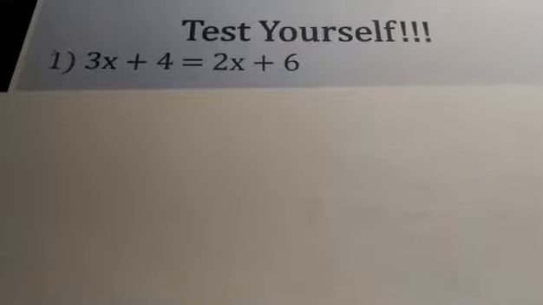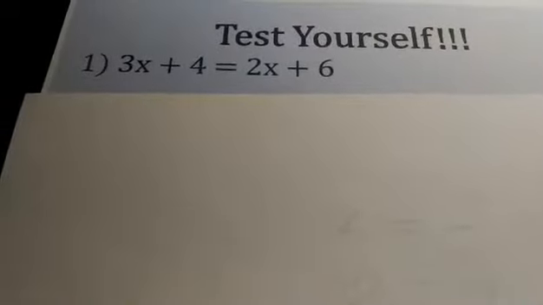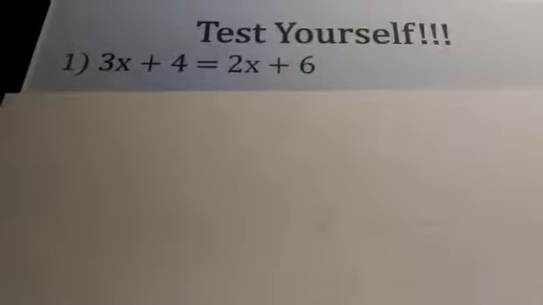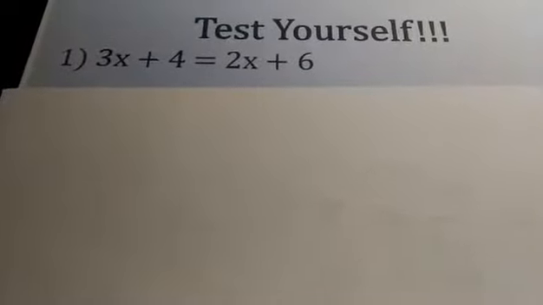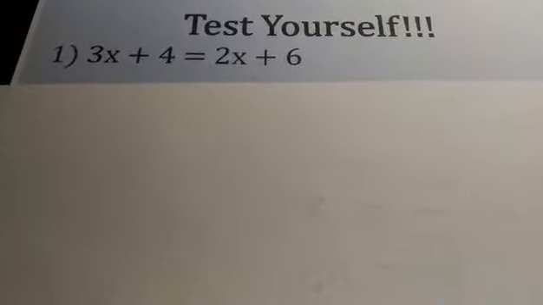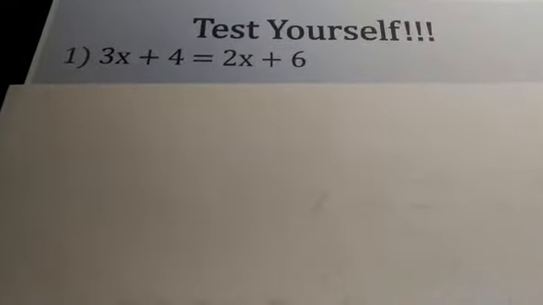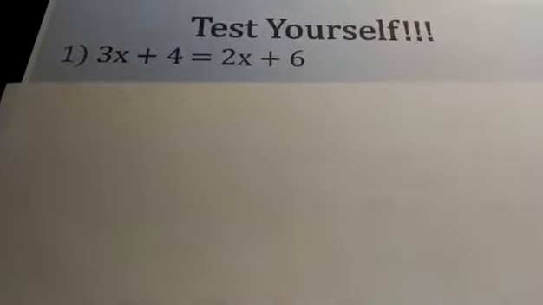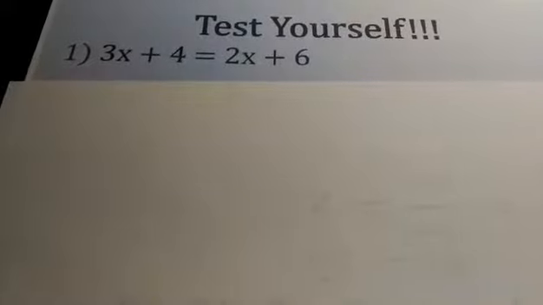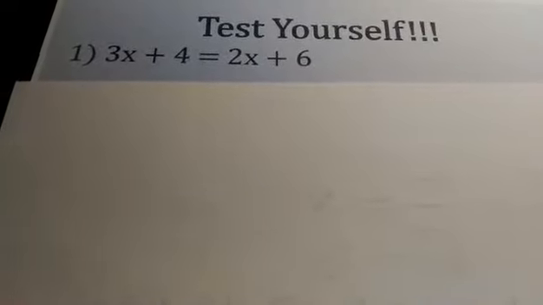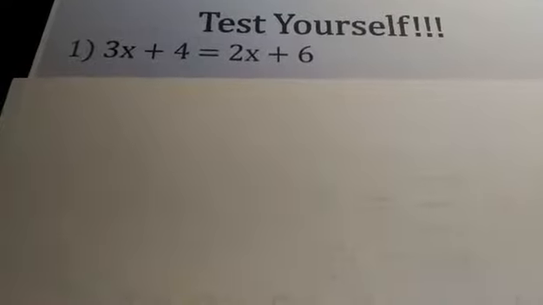Given the equation, consider this one: 3x plus 4 is equal to 2x plus 6. Now, let's use the Vedic way of solving this one. The formula is x is equal to d minus b divided by a minus c.